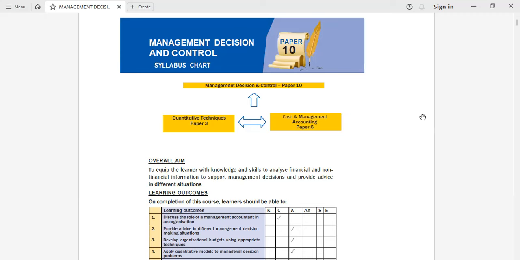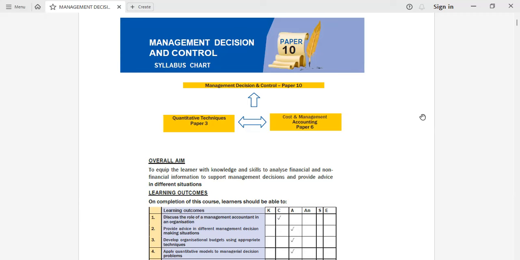So this is one of the papers that were not affected by the new syllabus. The previous notes and the topics that we had are carried forward, and they did not put in any new additional topic, meaning that this paper wasn't affected, unlike other papers where some of them were merged.